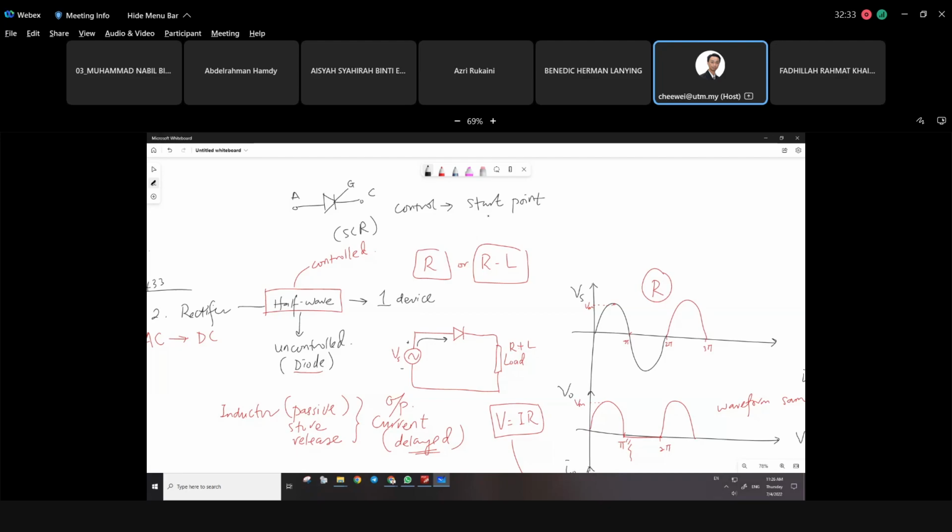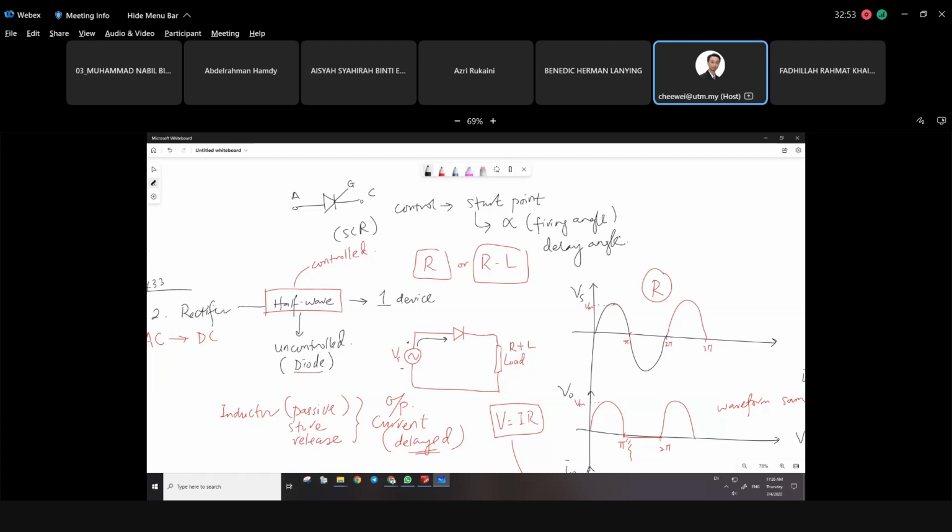Okay, what is the name of this start point? Just now the stopping point is known as beta. The start point is alpha. The name of alpha is firing angle, or known as delay angle.